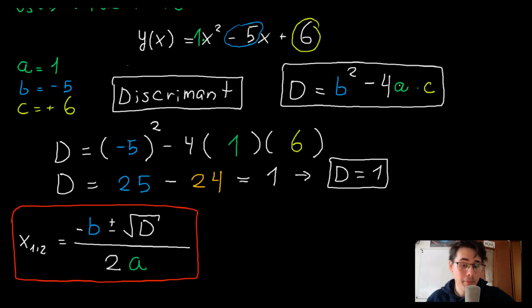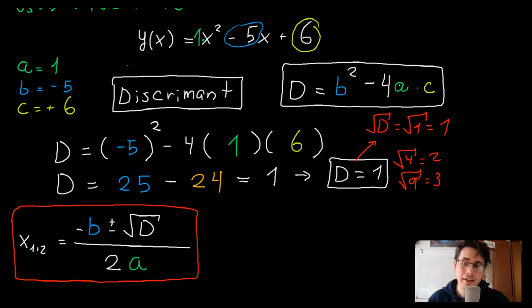So I'm going to simplify it further. I'm going to immediately calculate the square root of my discriminant. Now, the square root of D, the square root of 1, is just 1. However, if you would have, let's say, square root of 4 equals 2, square root of 9 equals 3, and so forth. Let's plug in our values. Minus B is a minus problem, so it's minus 5.